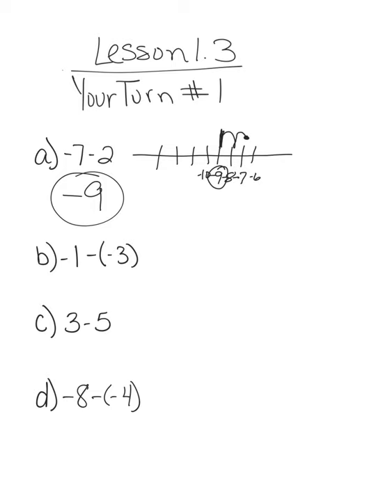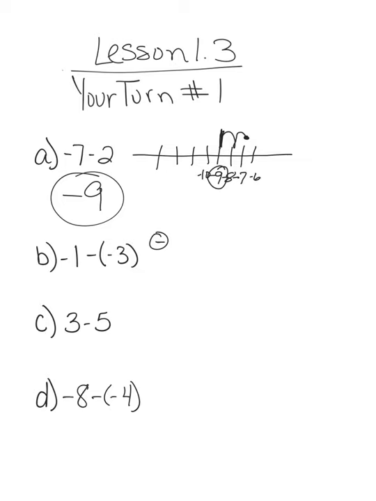And now for this one, B, -1 minus -3. I'm going to use counters, and I'm just going to mark them. This is a negative, and then I will mark a positive counter with a plus sign in the middle of that counter as well.